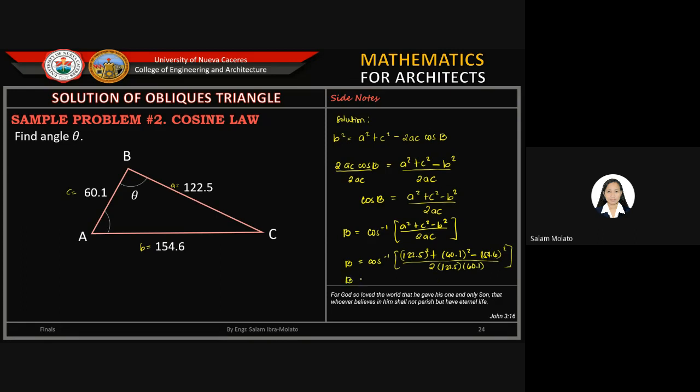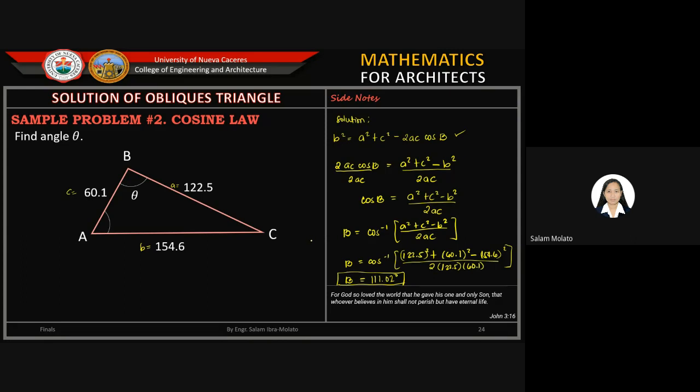B therefore is equal to, let's compute it, 111.02 degrees. Again, you just need to memorize this formula, and you can compute for B.